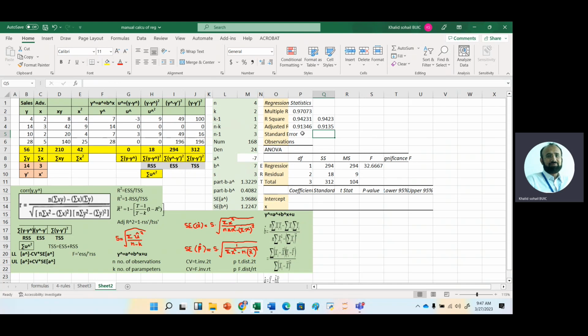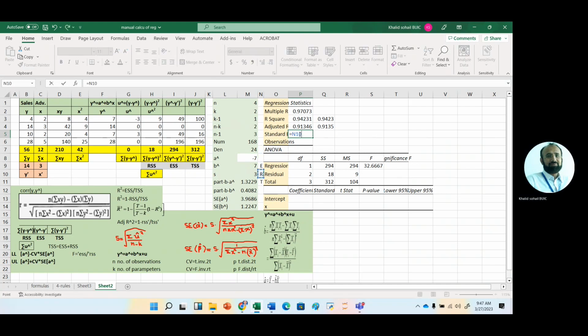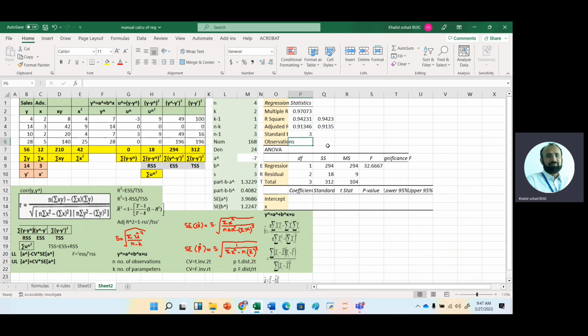Then standard error, we have already calculated this standard error, and it is located here. The number of observations is 4.